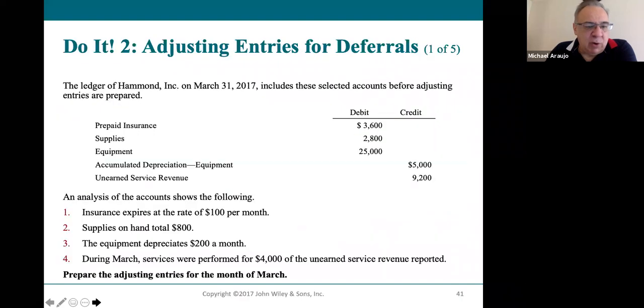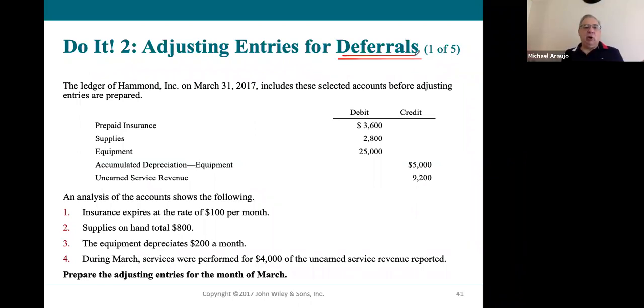So these are the four adjusting entries that are called deferrals. And there's only four of them that you have to know, and they're specifically in the book, and they work the same way all the time. So they repeat. It's a wonderful thing because these do repeat.